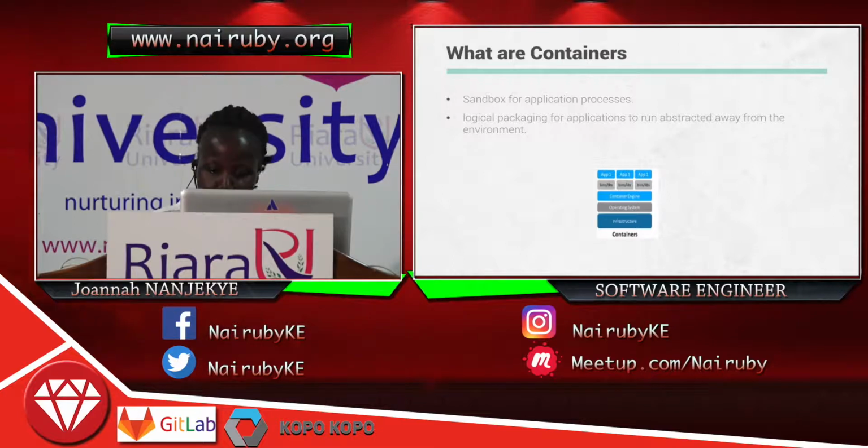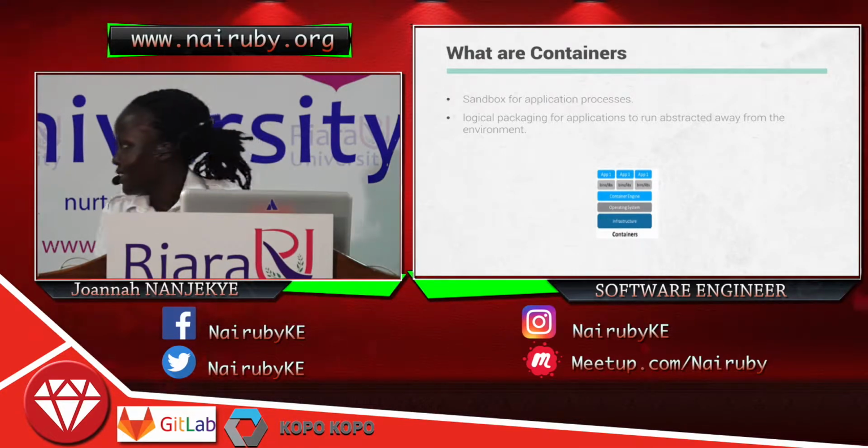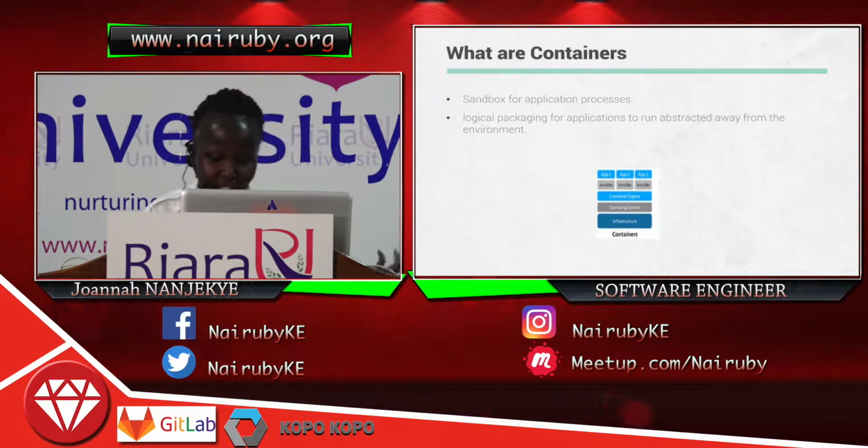So what are containers? In layman's language, they're just packaging for anything. It could be packaging for fruits or anything. Imagine you wanted to carry many things in your bag.